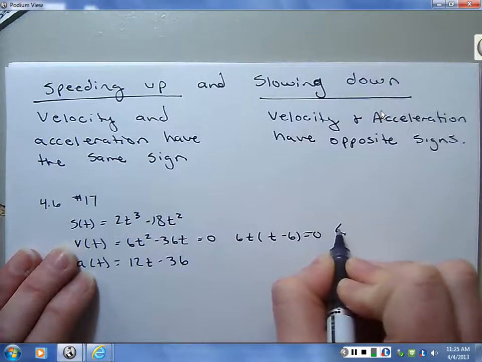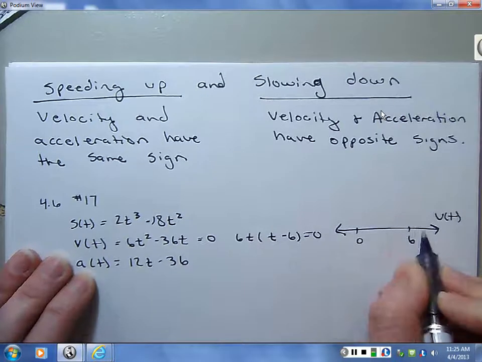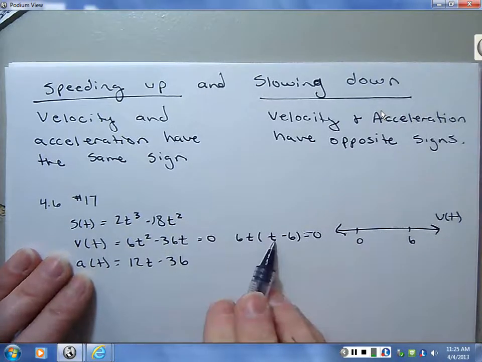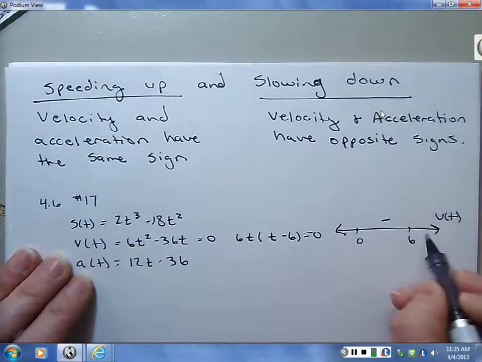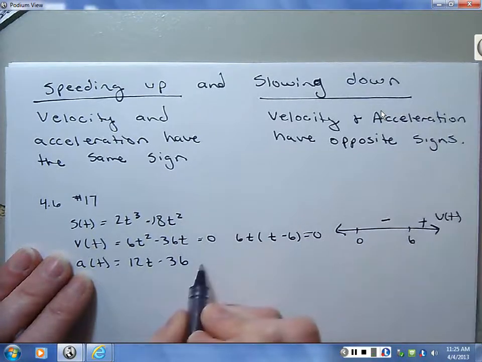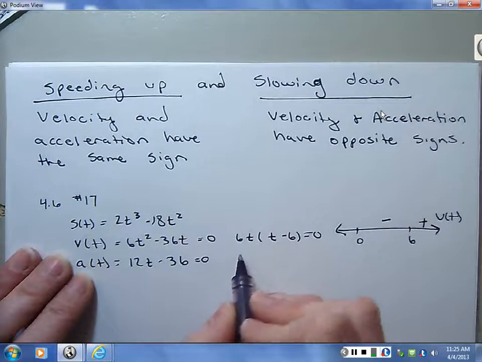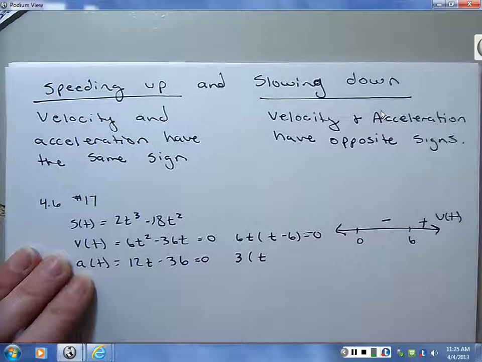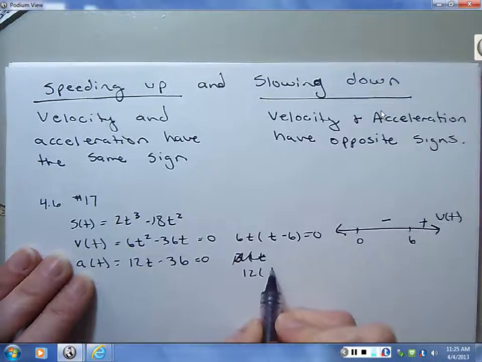So if I look at the velocity function, at 0 and at 6, if I plug in, say, 3, I get negative. So velocity is negative from 0 to 6, and then it's positive. If I set the acceleration equal to 0 and factor out a 12, I have t minus 3.